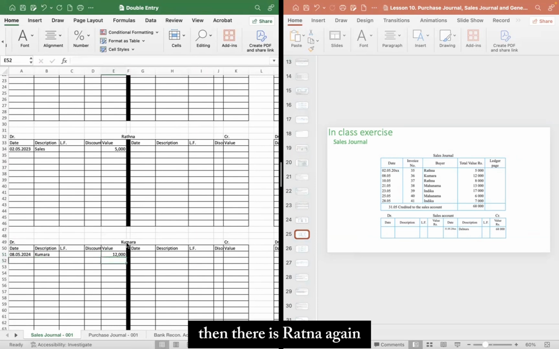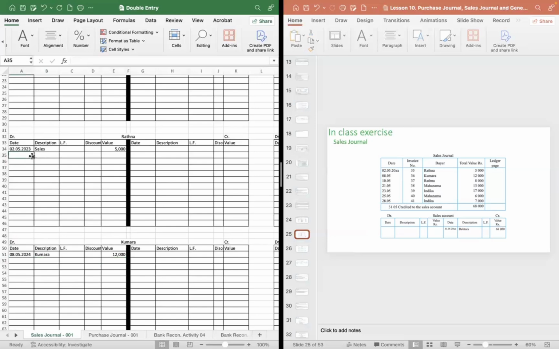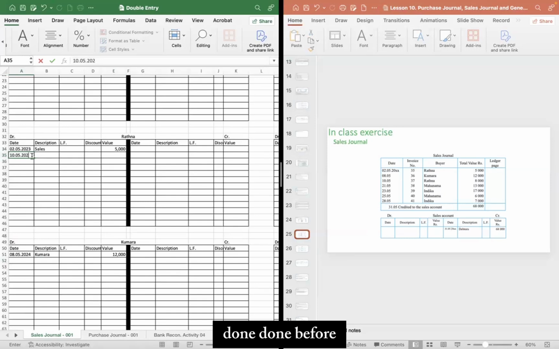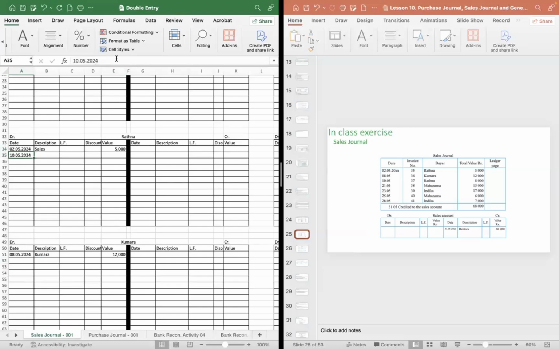Then there is Ratna again. Date is 10/05/2024, sales, 8,000.